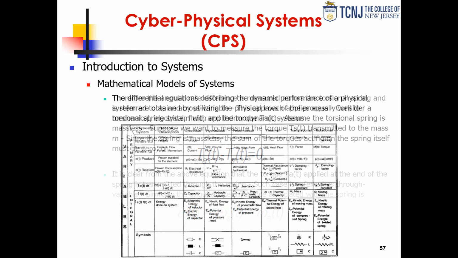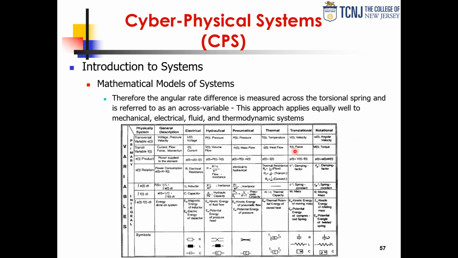So in every type of domain, you have very similar things. I know that this chart is a little bit difficult to read, but it's not intended to get the details of it. It's just meant to show that whether you have electrical, hydraulic, pneumatic, thermal, translational or rotational systems, you have these types of transversal variable, transit variable, and you can have the product of it, you have relationships between them.